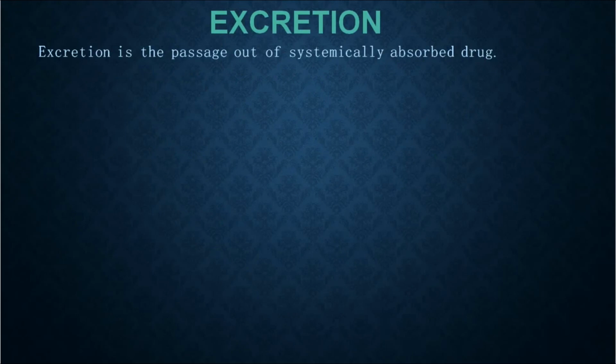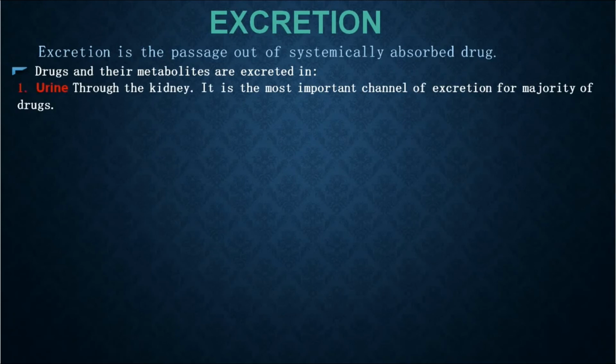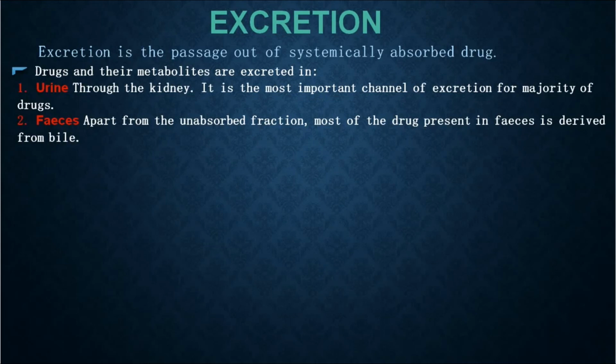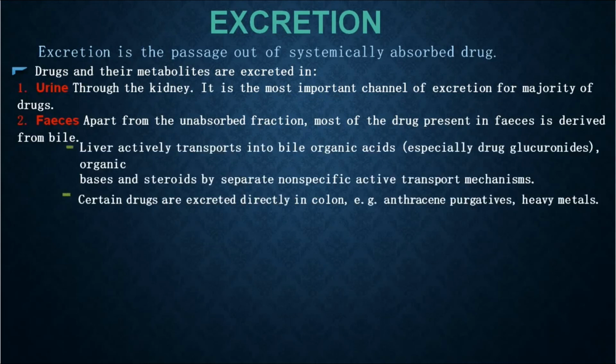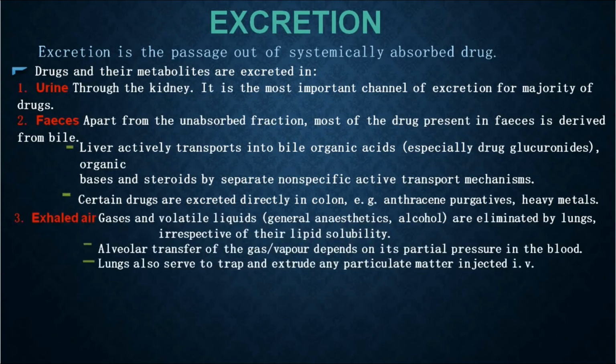Excretion means removal of a drug from the body. The important and major channel is urine. Feces: bile, organic acids and directly excreted drugs in the colon, for example heavy metals. Exhaled air: gases and volatile liquids like general anesthetics and alcohol.